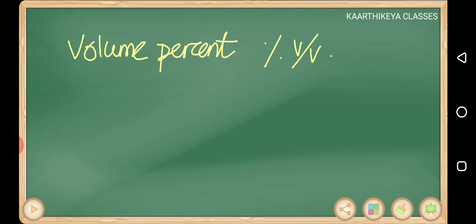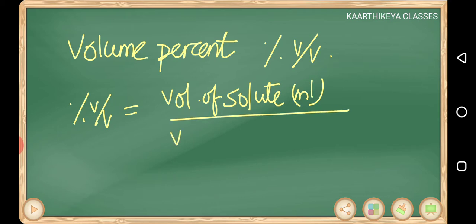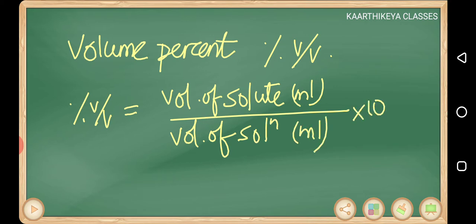Otherwise, if you want the percentage volume by volume formula, it is volume of solute, which must be in milliliters, divided by volume of solution, which must also be in milliliters, into 100. Percentage means into 100, that's all.